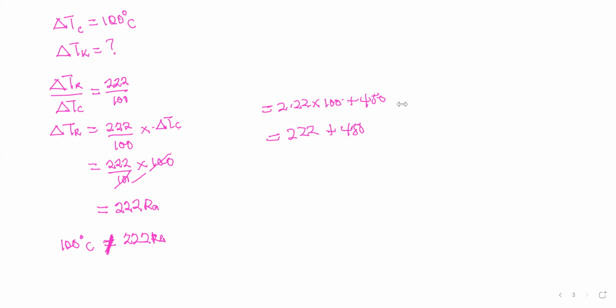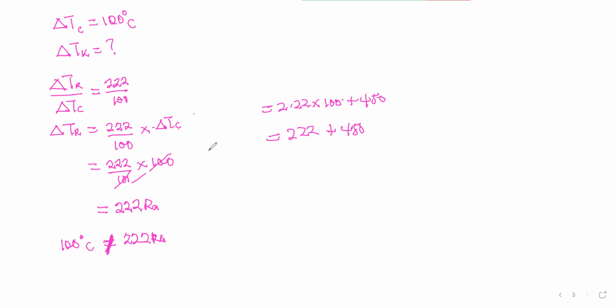Please, so we are disconnected for a while. So, which one is the actual answer? No, you see, your first question was about determining the change in temperature. And the change in temperature, we've just seen that a change in temperature of 100 degrees Celsius will be equal to a change in temperature of 222 Rankine, which we earlier solved.